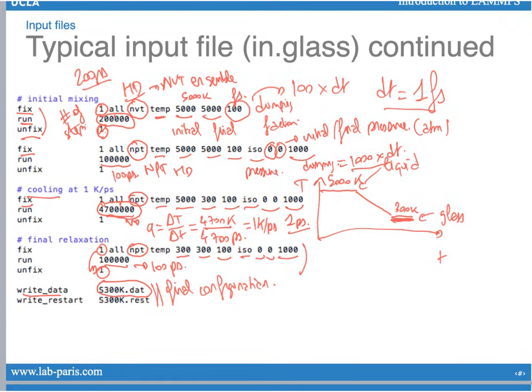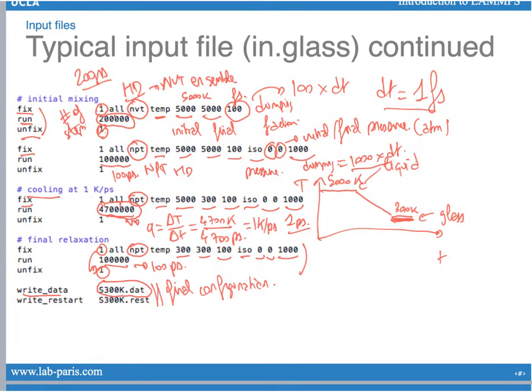And in the future, if you want to run a new simulation, you can use this new data file as a new starting point. If you want to run a simulation about the silica glass, you can use this final configuration directly. It has exactly the same format as a data file that you would use as a starting point for a new simulation.